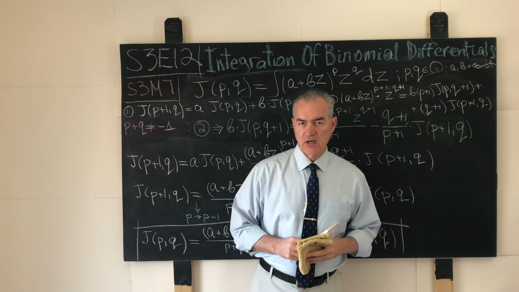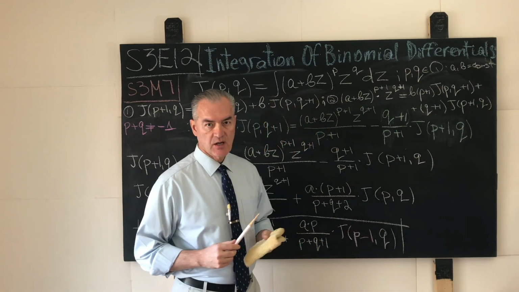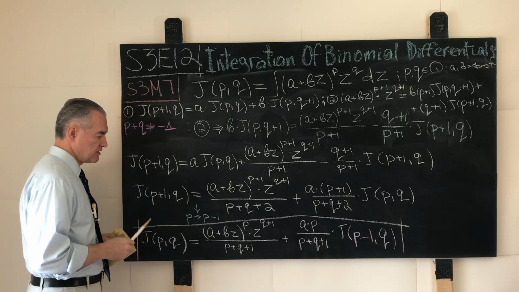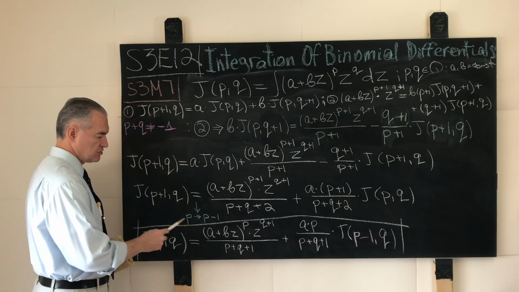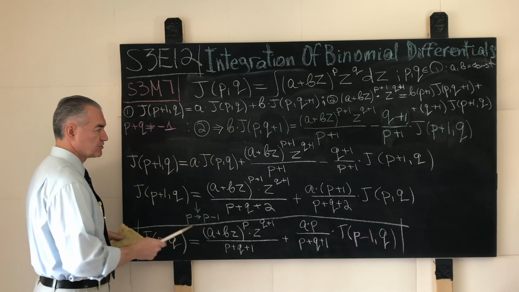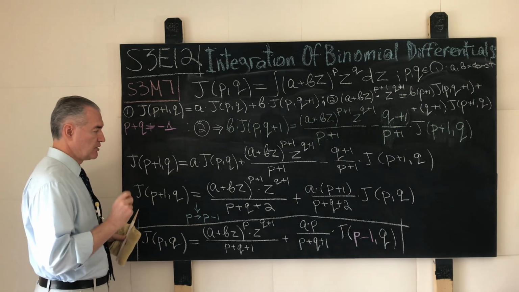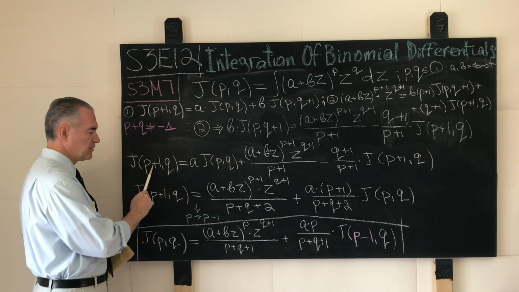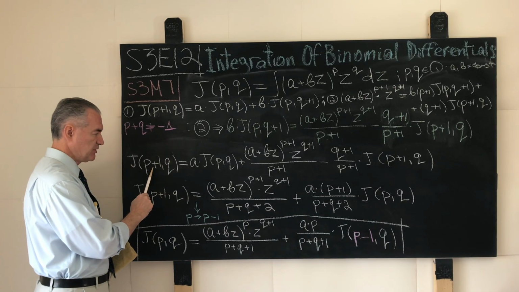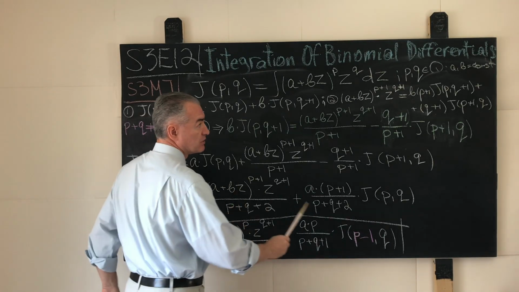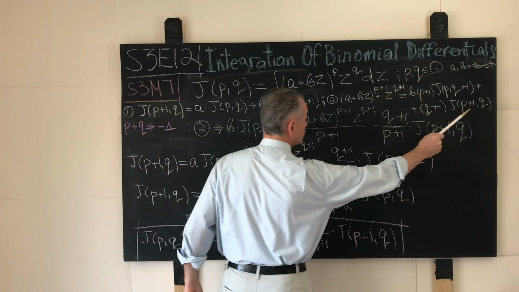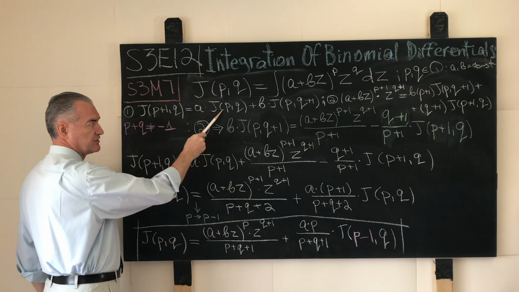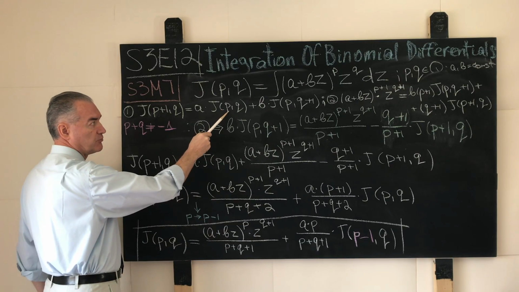The next maneuver may come across as complicated, but it's not complicated at all. The idea here is just to carefully manipulate the variable p, eventually by replacing it with p minus 1. So the idea here as a first step is to express our integral j of p plus 1, q in terms of just the integral j of p and q.